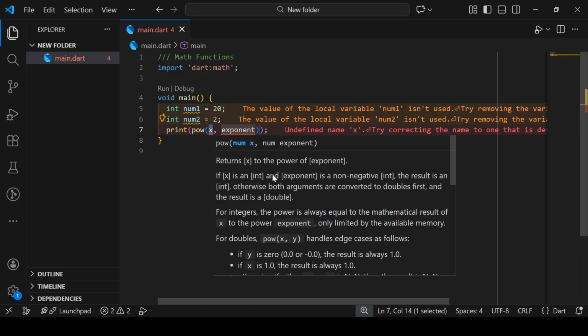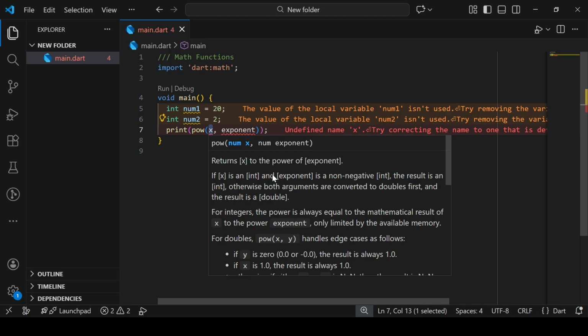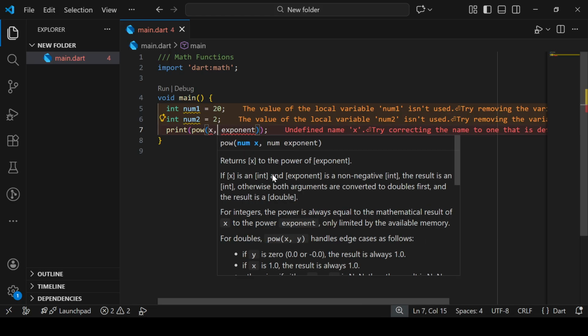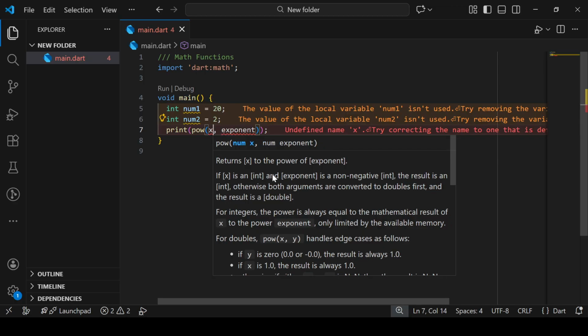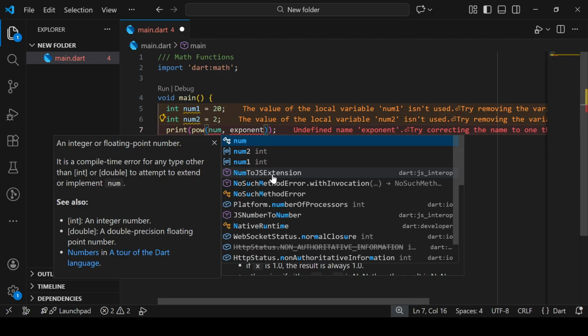Here you can see power: this x is the base, and this is the exponent. The base is the number we are multiplying, so I want to multiply num1.